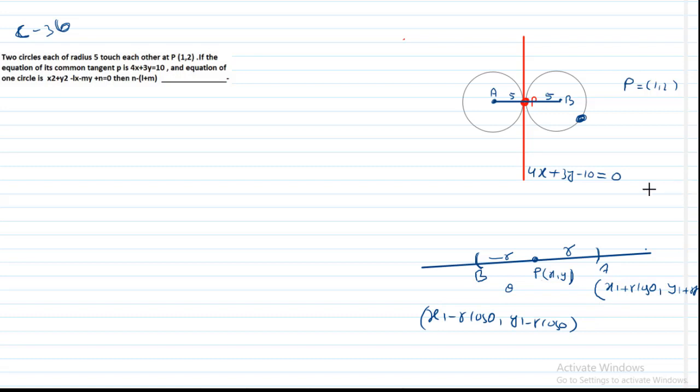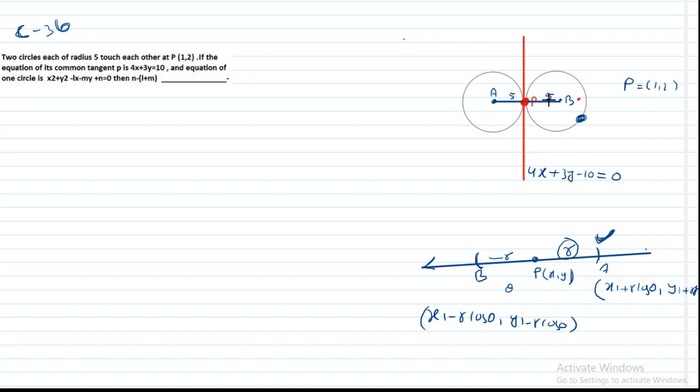Okay, to find the coordinates of A, what do we need? We want r and the inclination of this straight line. So my intention is I want to find the coordinates of B here. Already P coordinates are given (1, 2), no problem. Distance is there, 5, that is r.